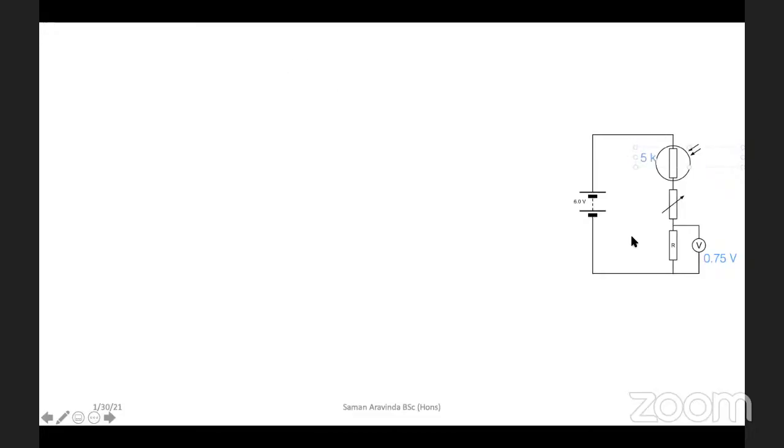What is the other one's resistance? The variable one, so let's call it R dash. We need to find R dash. We know R is 5K, it is said in the beginning. Is my data correct? 5K, and we need to find this.